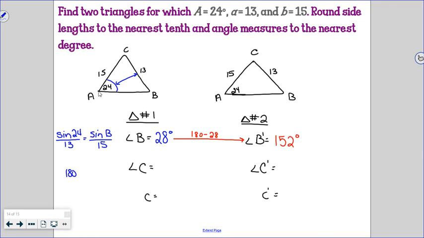So if I go back and finish this one, 180 minus 28 minus 24. Let's see, what is that? And again, this part of your ratio will not change this entire problem. So I will always go back to the sine of 24 over 13.